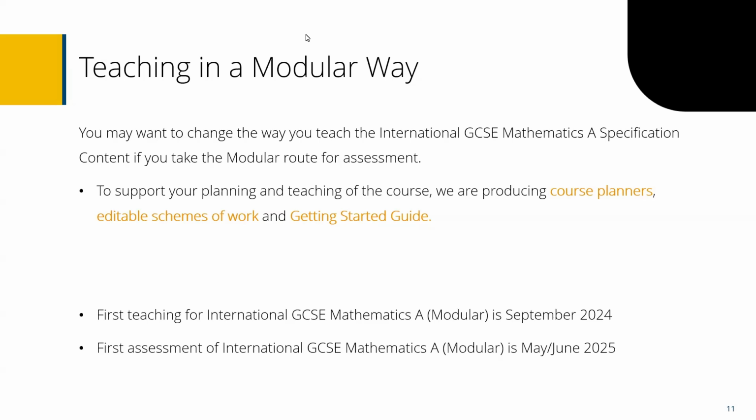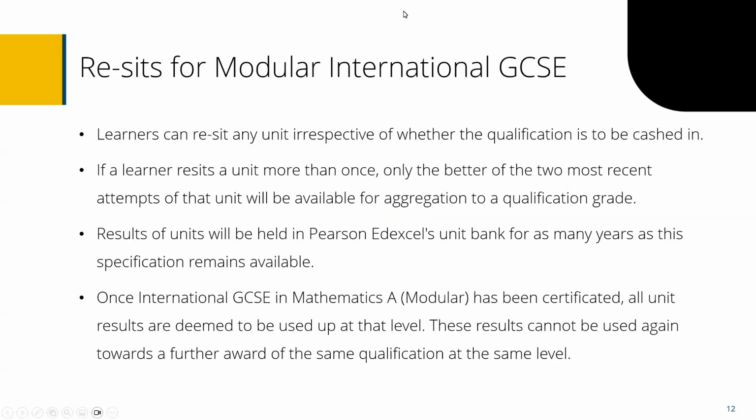Now, some of the most popular questions are about the resits, because you're doing it in units. So here's some information regarding resits in the modular international GCSE, and I'll read this out in case you can't see it. Learners can resit any unit irrespective of whether the qualification is to be cashed in. If a learner resits a unit more than once, only the better of the two most recent attempts of the unit will be available for aggregation to a qualification grade. Results of units will be held in Pearson's Edexcel unit bank for as many years as the specification remains available.